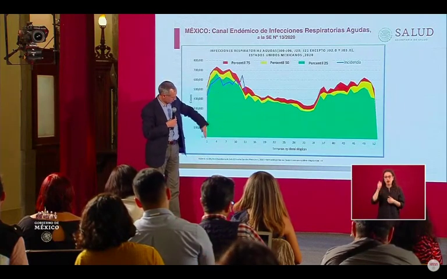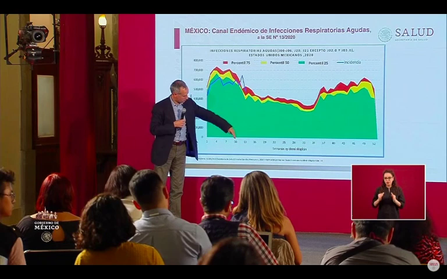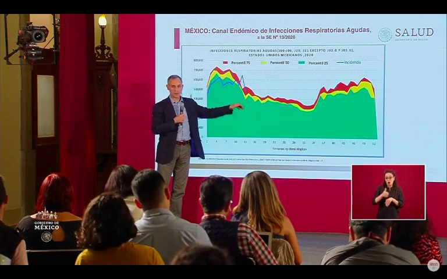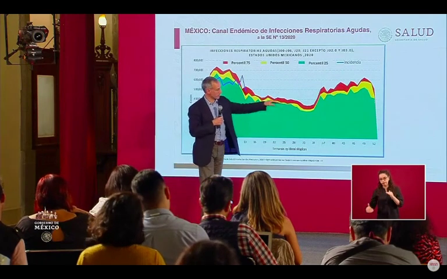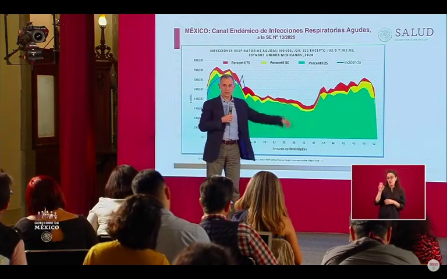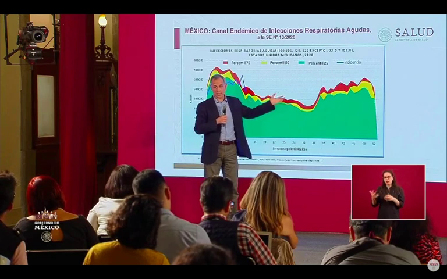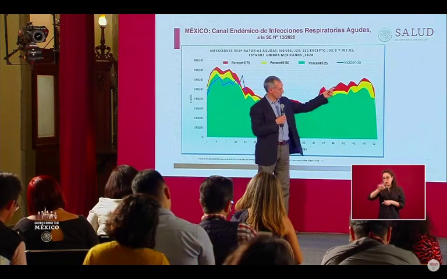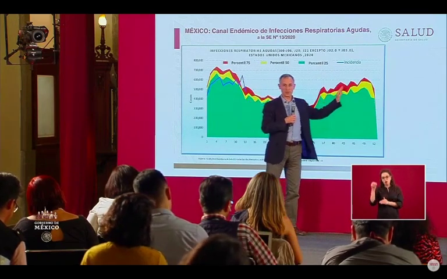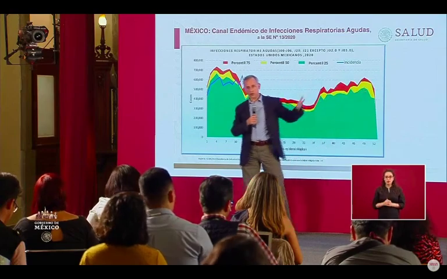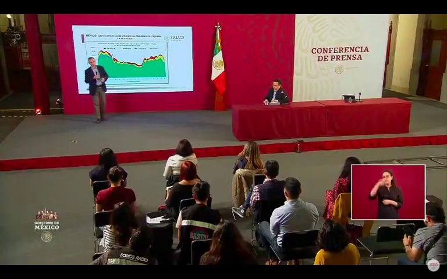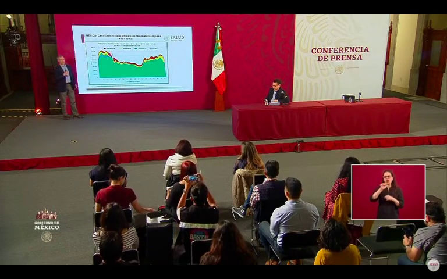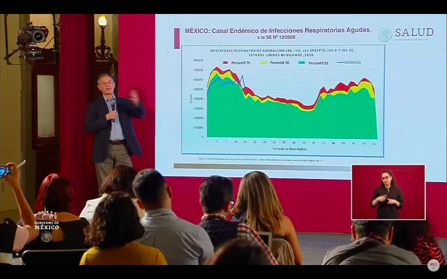So please pay attention to the fact that these infections occur more frequently during winter, and then they decrease. During summer, we have fewer cases, but we have colds in July. And then as the year gets less hot, they start to increase again. And this includes influenza, but also the common cold and multiple respiratory infections.